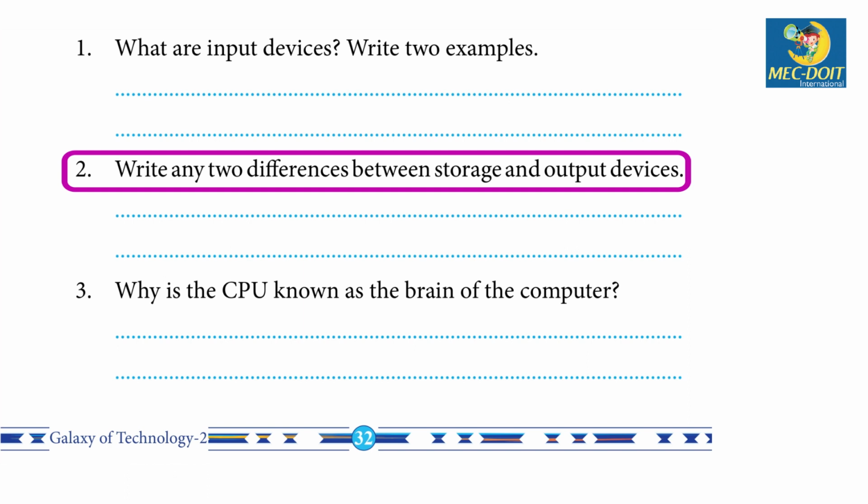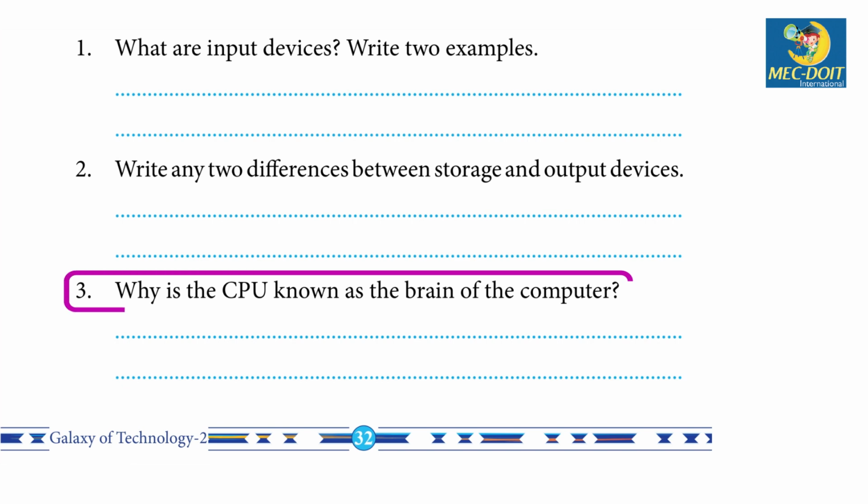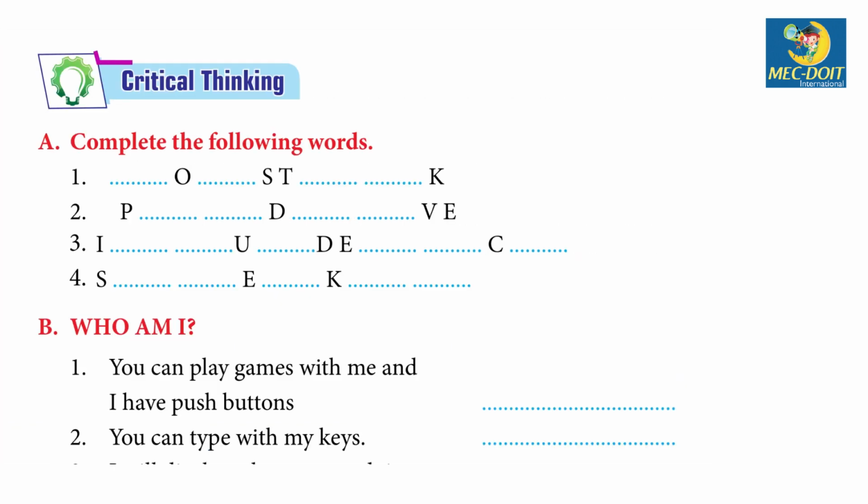Output: monitor, printer and speakers are the most important output devices. 3. Why is the CPU known as the brain of the computer? Answer: because it controls the functioning of all the other parts of the computer.